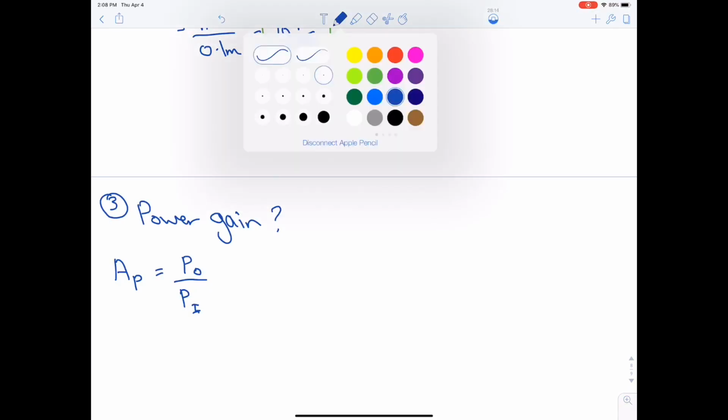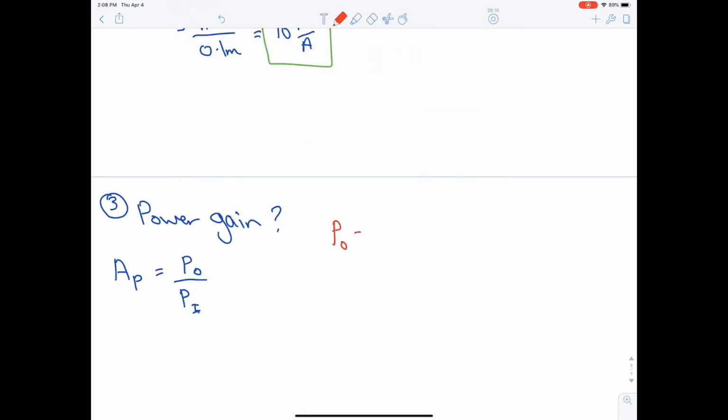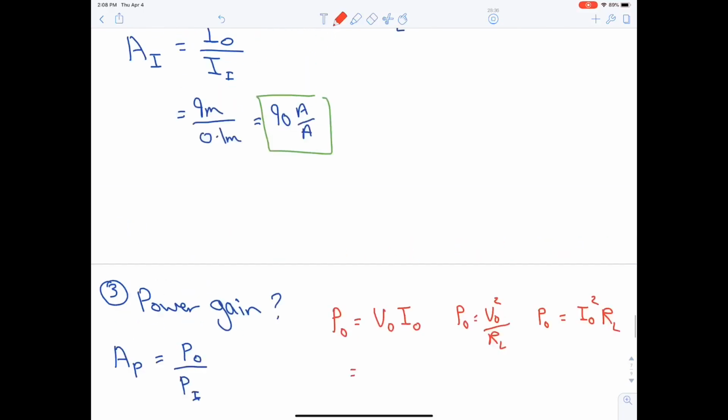We know that P output is equal to VO multiplied by IO, or we can use PO is equal to VO squared divided by RL, or we can use the third equation, which is I output squared multiplied by RL. Let's use any one of those. I'm going to use V output multiplied by I output. Now what is V output?